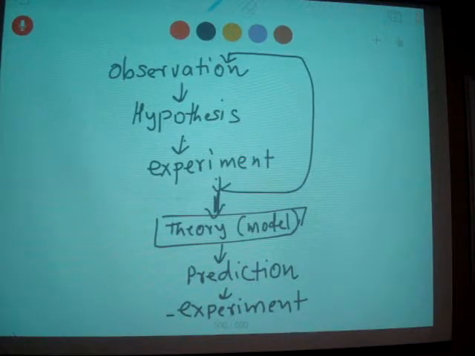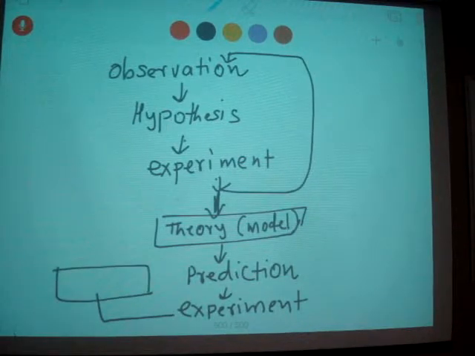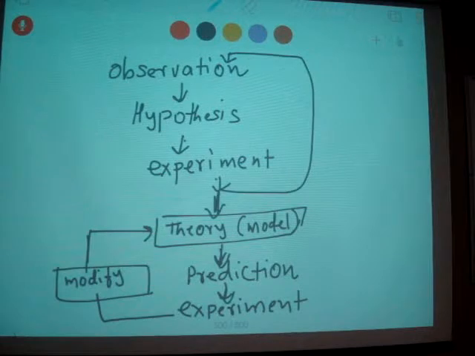And let's say if they again need to modify, then they can say, okay, they need to modify as needed. And again they modify the theory and model. So these are usual steps. These are steps for scientific method.